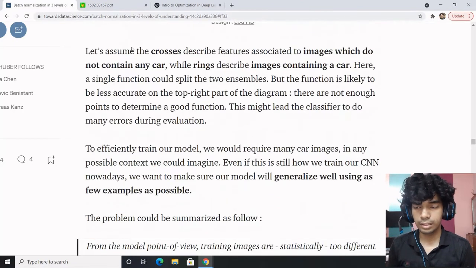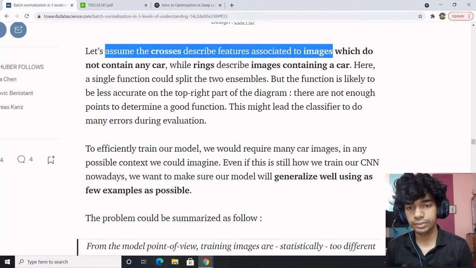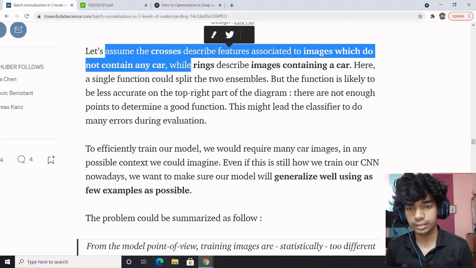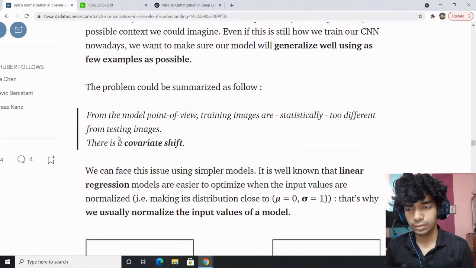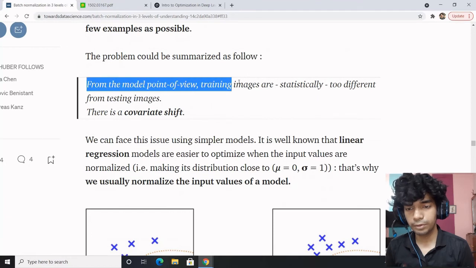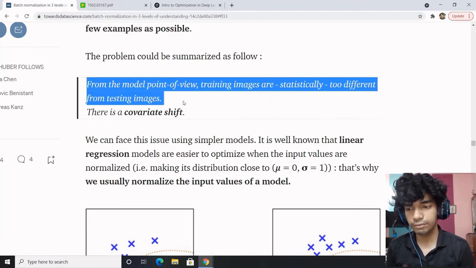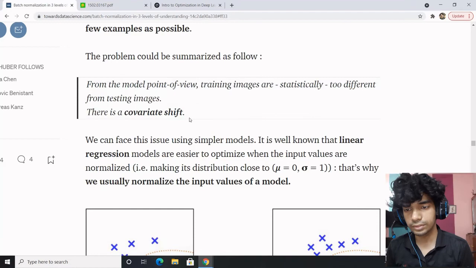So from the model's point of view, training images are statistically too different from testing images. This is covariate shift.